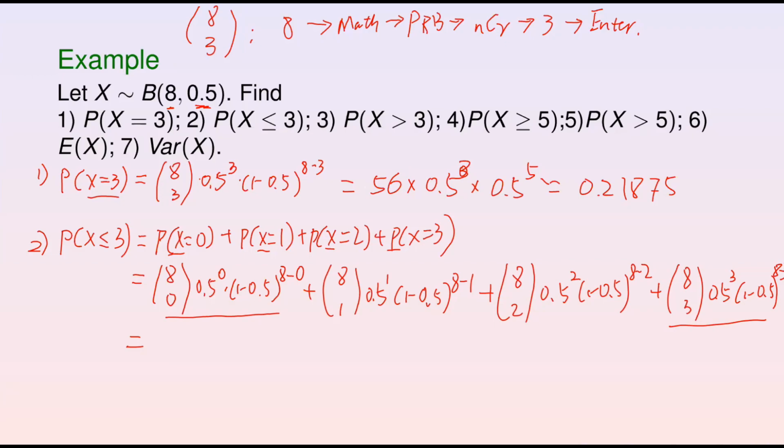Well, what I get is 0.5 raised to power 8. I'm going to just write in this way. So plus 8 times 0.5 raised to power 8. Now plus 8 choose 2.